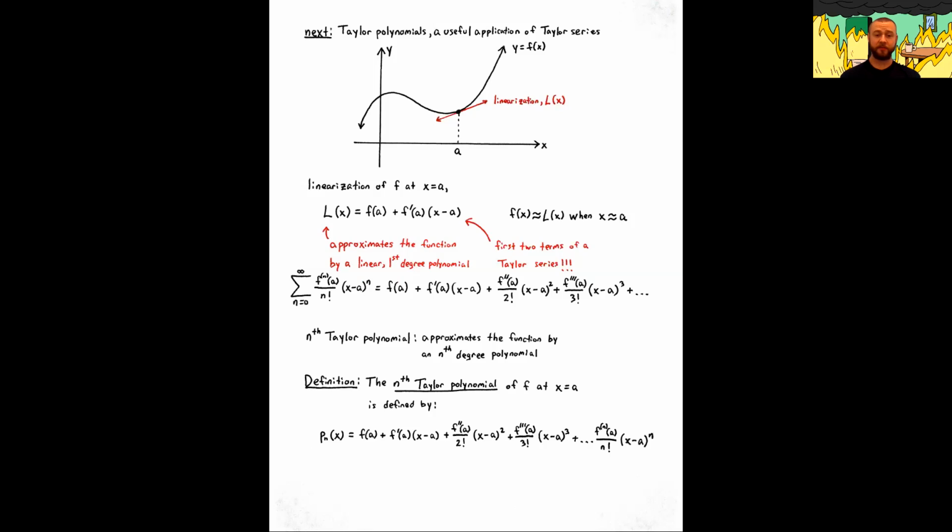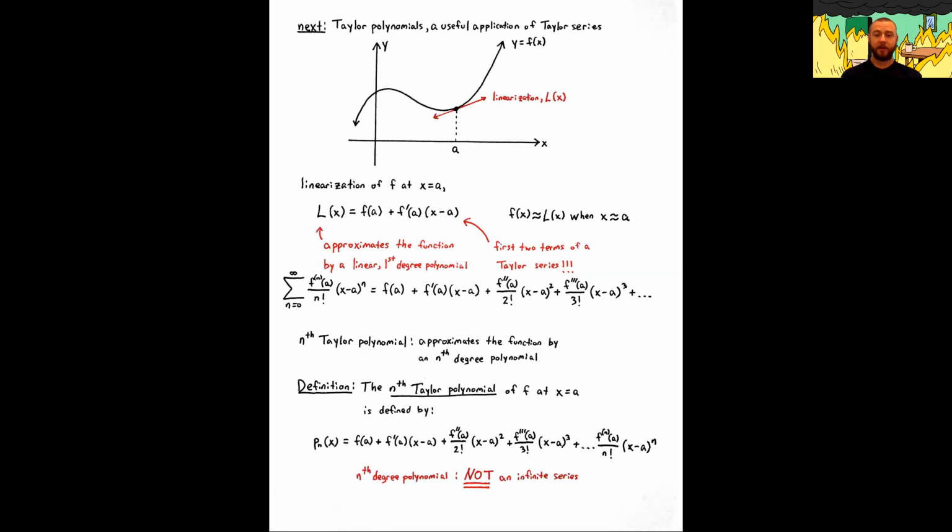Notice in the expression for the nth Taylor polynomial, denoted as p sub n of x, that it is not an infinite series. The highest power of x is x minus a to the nth power. So what we have here is a degree n polynomial. This is not an infinite sum, it's finite. It only contains a finite amount of terms.